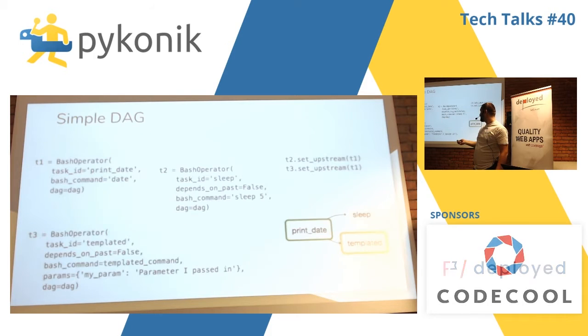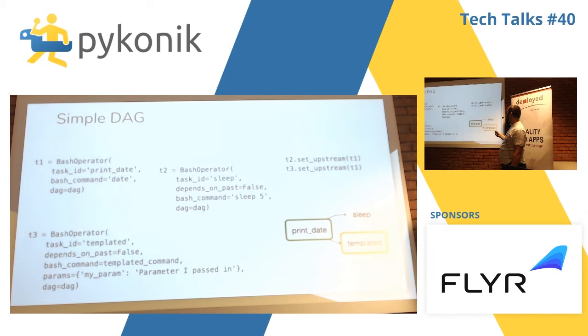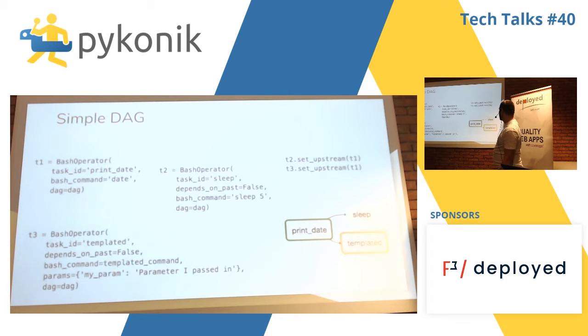There is an example of a simple DAG. There is one bash operator, another bash operator, and a third one. And there is a definition that T1 is upstream to T2, and T1 is upstream to T3. So like this way. There are some changes in the new version of Airflow.